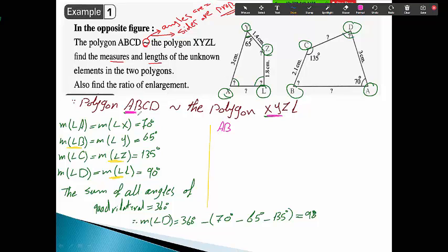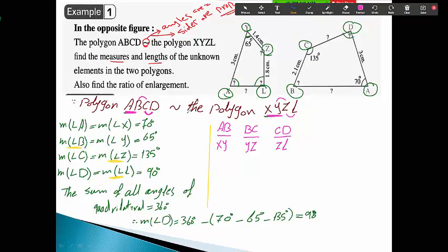So AB corresponds to XY, so we can write AB over XY, and BC corresponds to YZ, so we can write BC over YZ. CD corresponds to ZL, so we can write it as a ratio, CD over ZL.